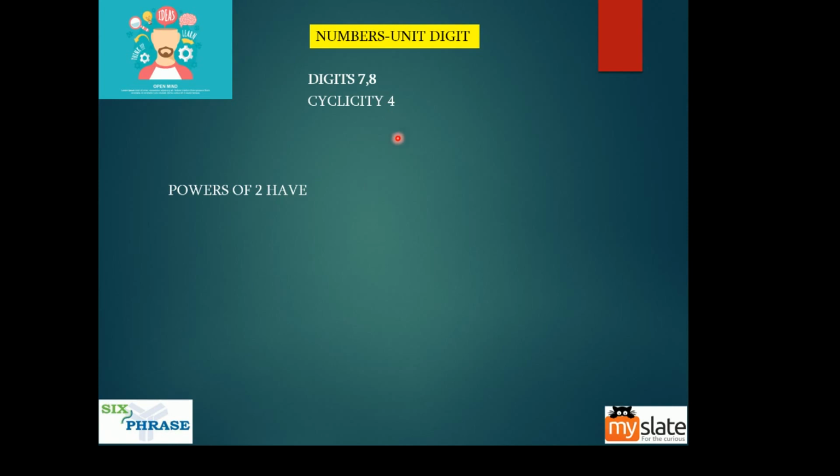Powers of 2 have 2, 4, 8, 6 as their unit digits. You know that, right? Now, powers of 8 will have 8, 4, 2, 6 as unit digits.